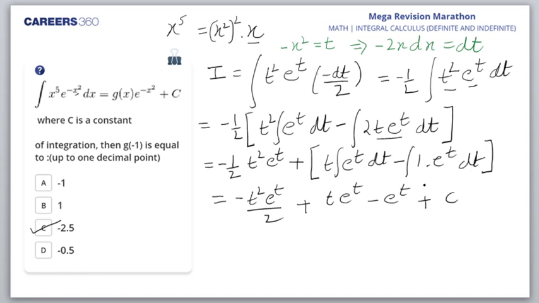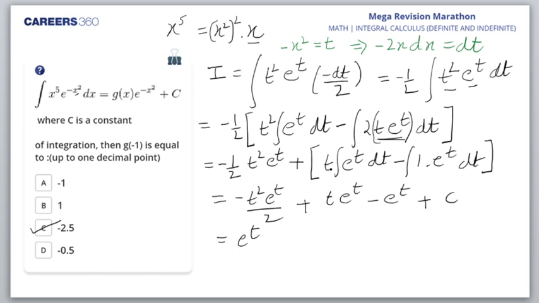Yes, it's right only. So after this, I take e raised to power t as common. Regarding the doubt on the fourth line: why did I apply by parts on t e raised to power t as well? On this I applied by parts.